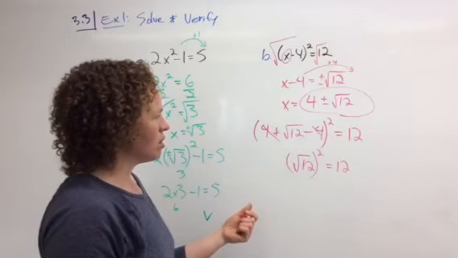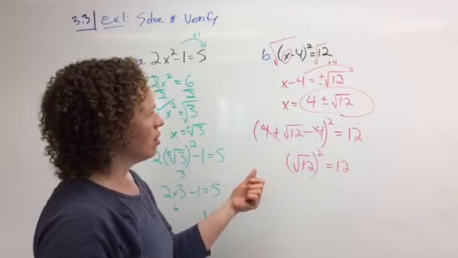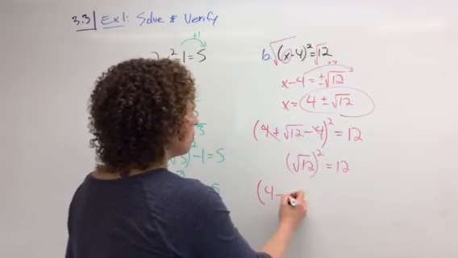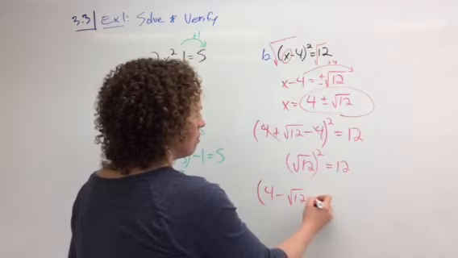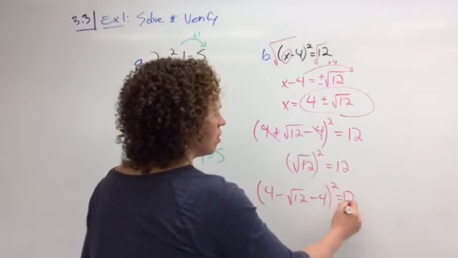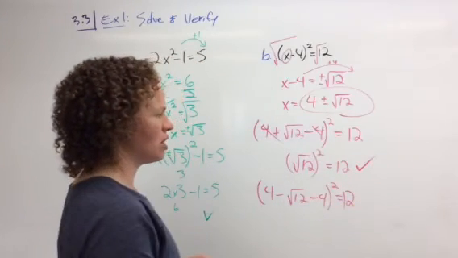If we were to go through it again using the negative value, I would have 4 minus root 12 minus 4 squared equals 12. We'll just make a check mark there knowing we finished that one.